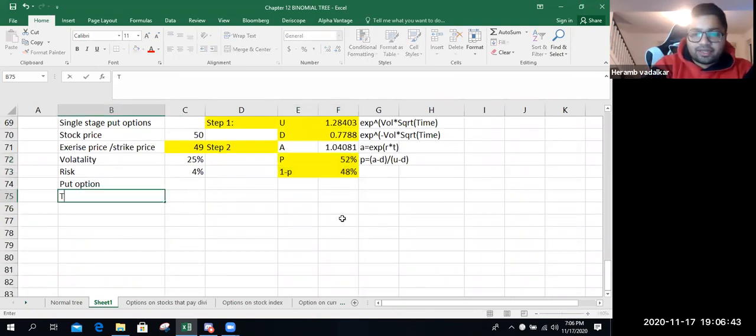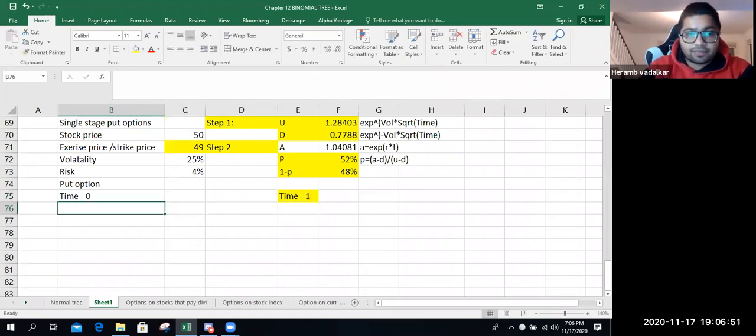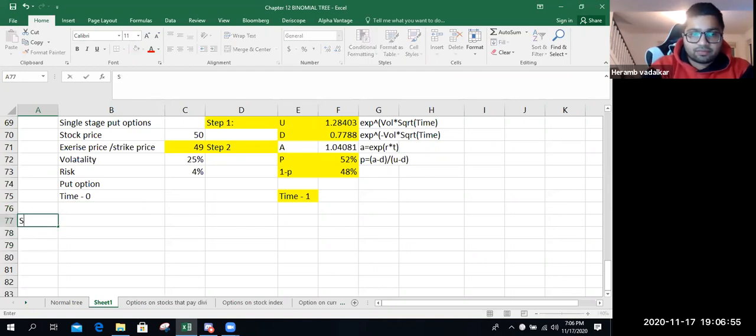So when you create a tree, time is 0, time is 1. At time 0, you have the stock price and you want to calculate put prices. Stock can go up.